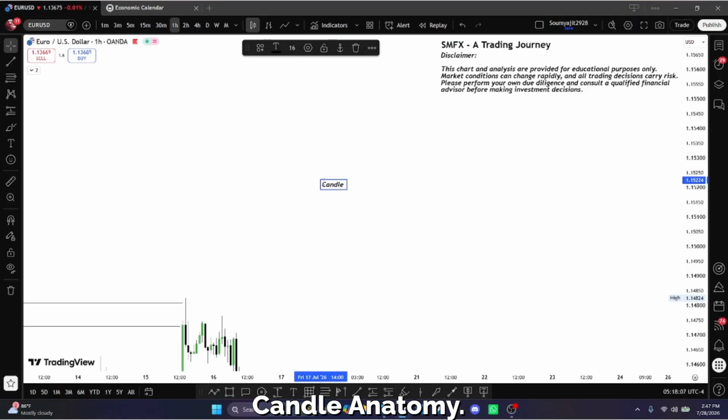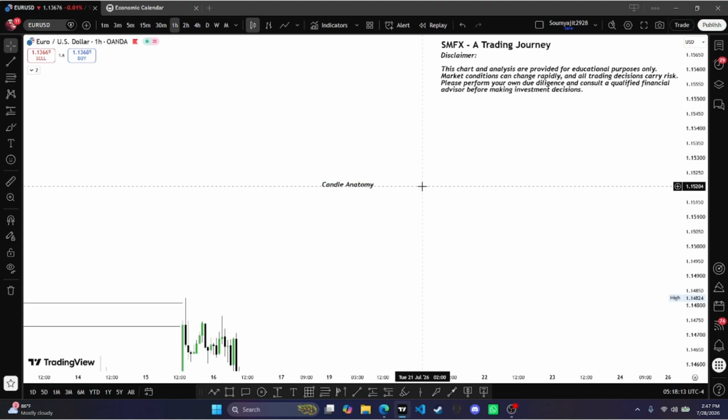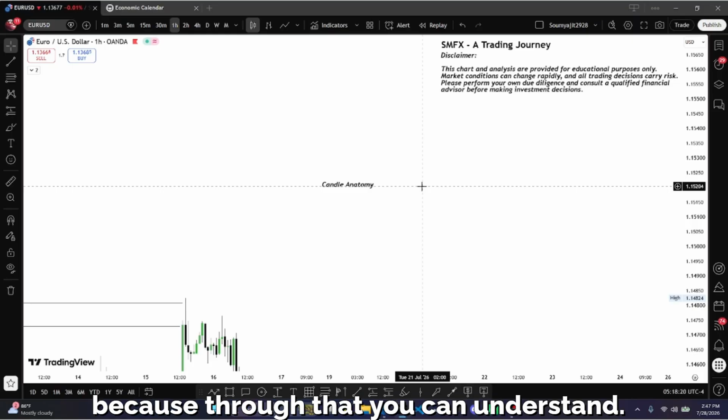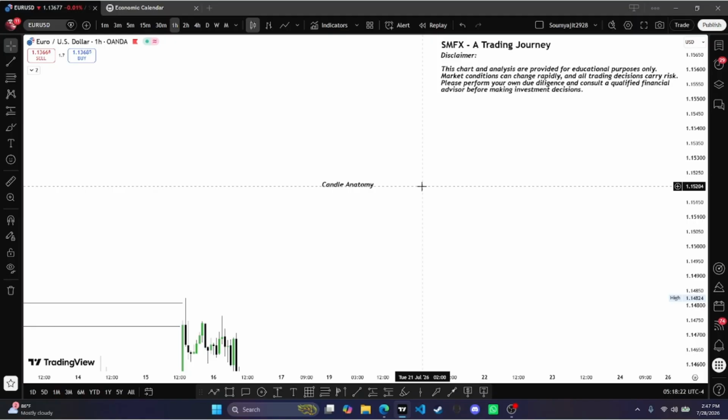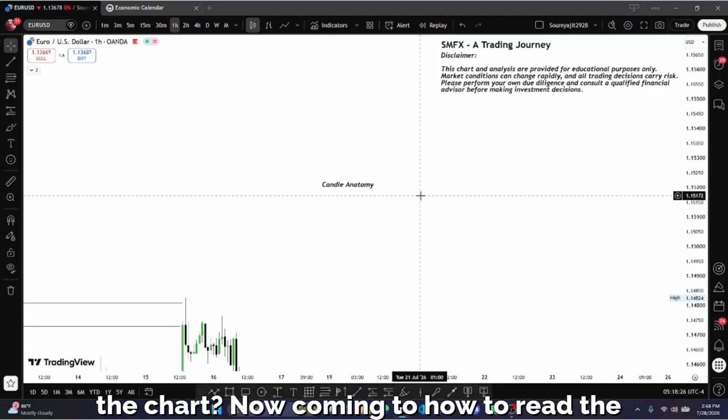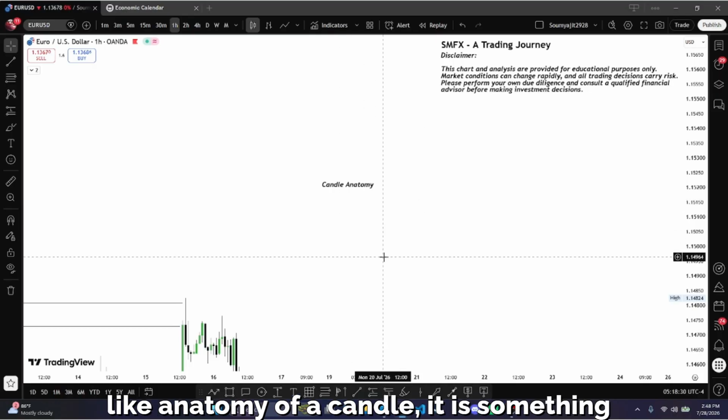Candle anatomy is very important because through it you can understand how to read the chart.